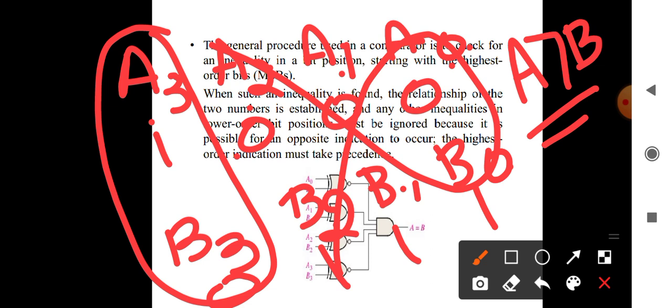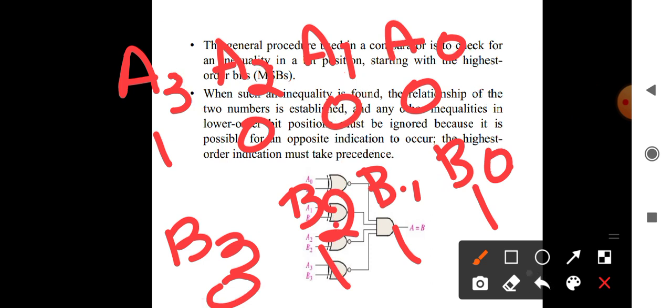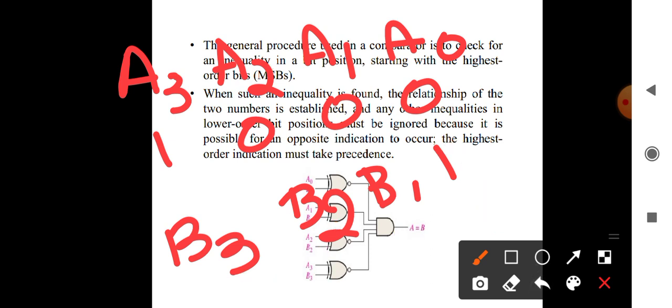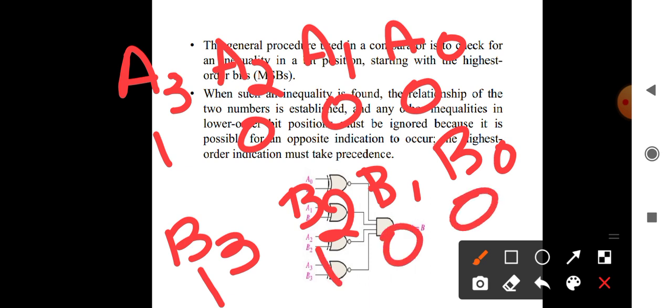If this is not the case, take this example, 1 1 0 0 and 1 1 0 0.